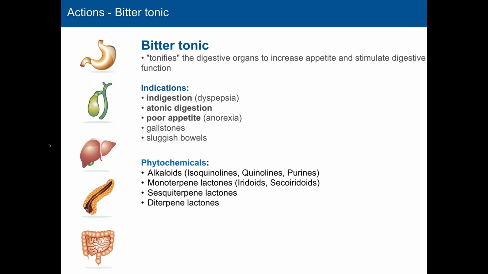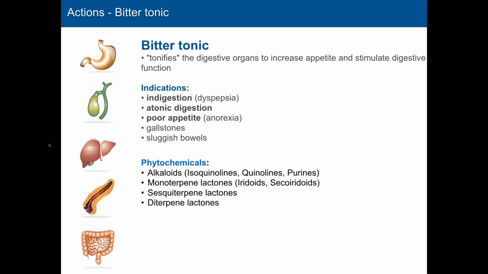Also, when we're talking about the terpenoids, there are subclasses of some of the terpenoids which we refer to as the lactones. So the monoterpene lactones, like the iridoids and secoiridoids. Some of those compounds are found in olive oil and olive leaf. Some of them are found in herbs like gentian that's used to promote digestion.